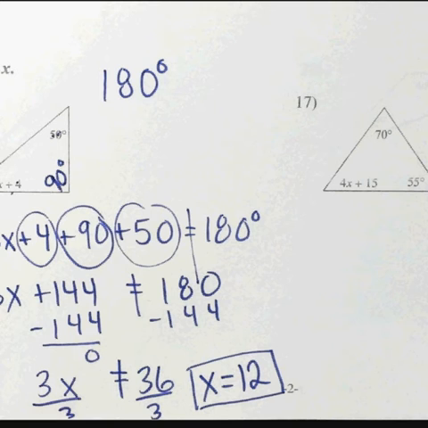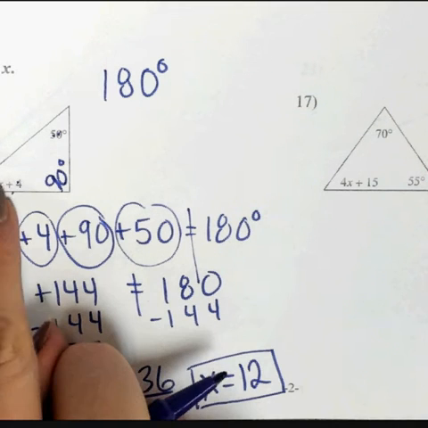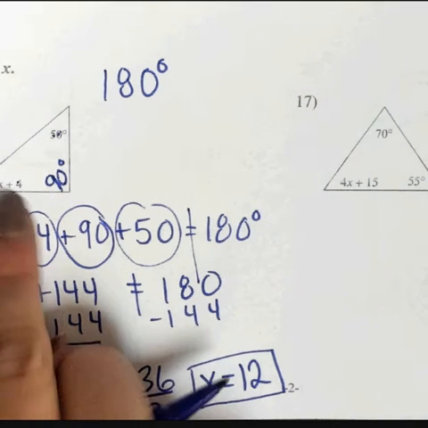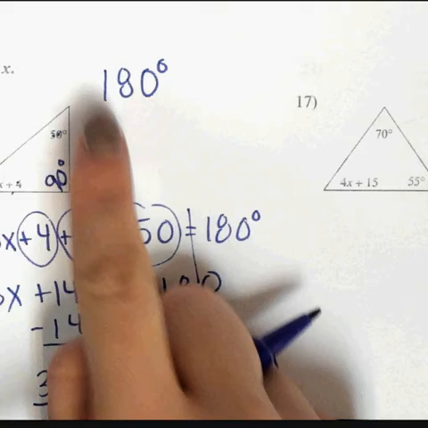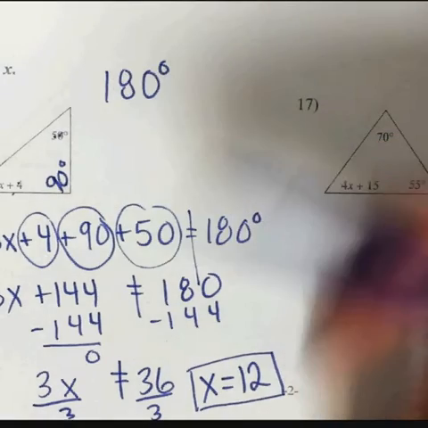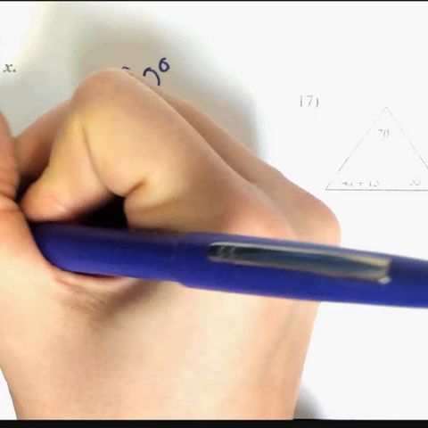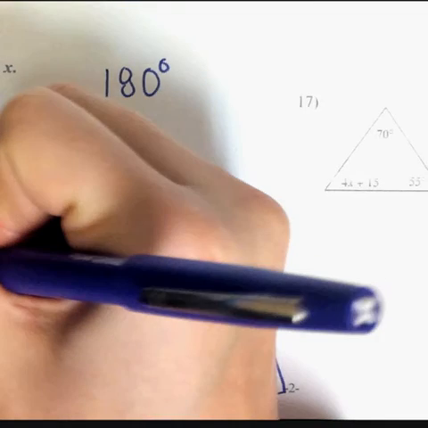Sometimes problems can ask you to solve for the whole angle. So if I was asked to find this angle, it isn't 12 degrees. That wouldn't make sense, because 50 plus 90 plus 12 wouldn't give me 180, but I could use this angle, and instead of x, I could substitute in my 12.